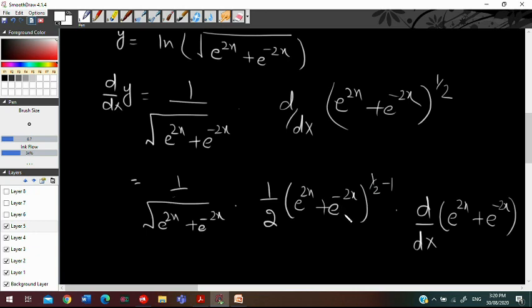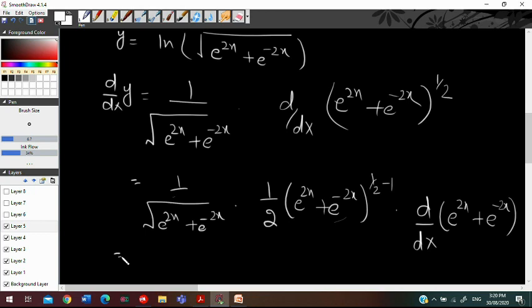Then we go to the inner side, d by dx of this whole factor without any power.